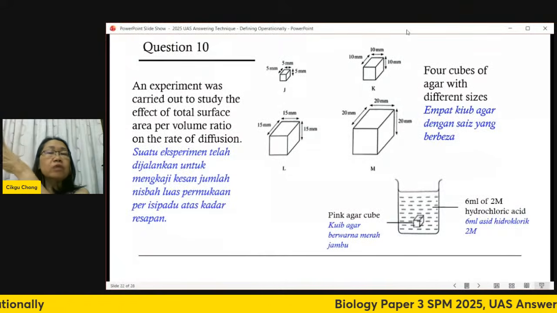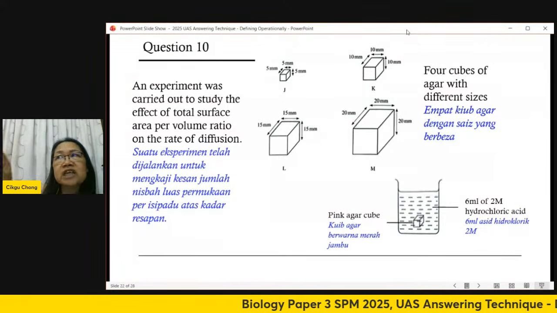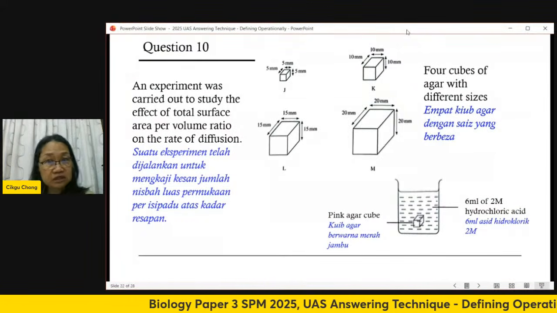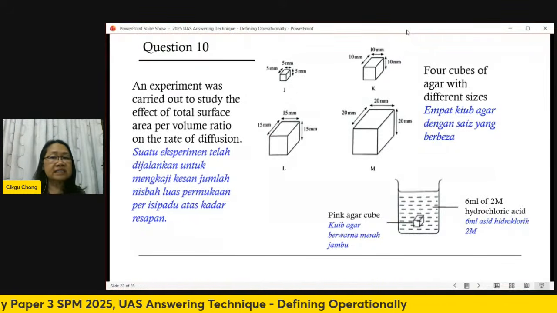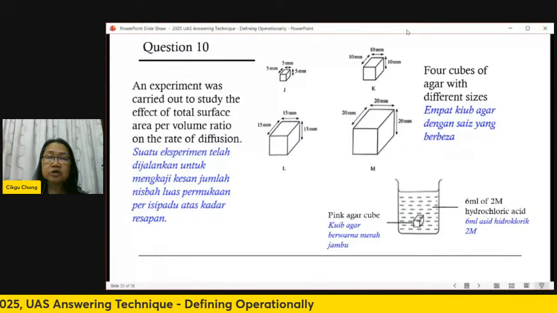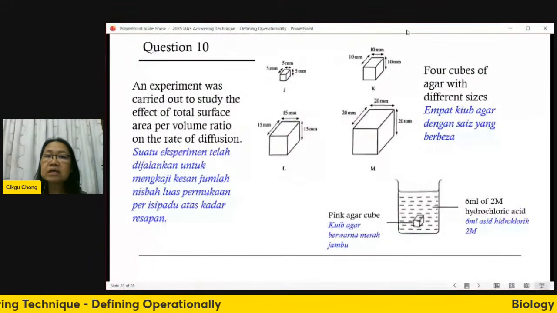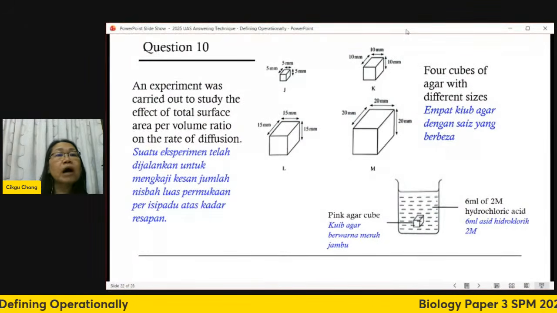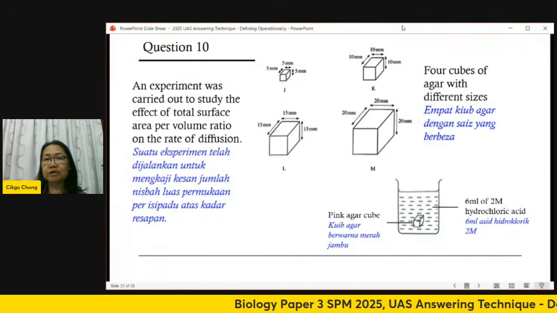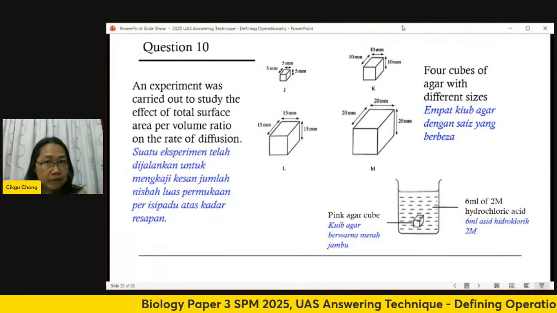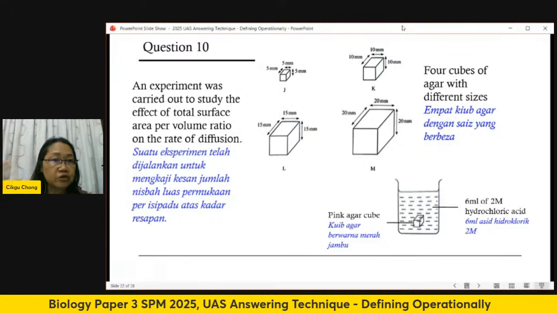You compare with a bigger cube, find the total surface area, then divide by the volume. You compare your two answers, you will find that the bigger cube will have a smaller TSA per V, while a smaller cube will have a bigger TSA per V. Okay, so this is important for your paper 2 also. And you need to know the theory behind it.